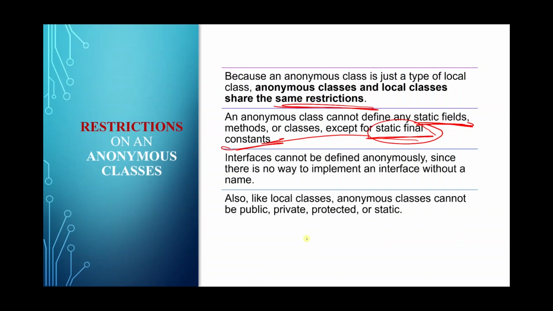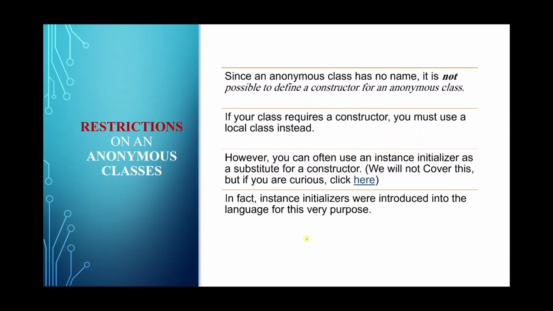Also, like local classes, anonymous classes cannot be public, private, protected, or static. So they're by default package private. Since an anonymous class has no name, it's not possible to define a constructor for the anonymous class. And why do we say package private?